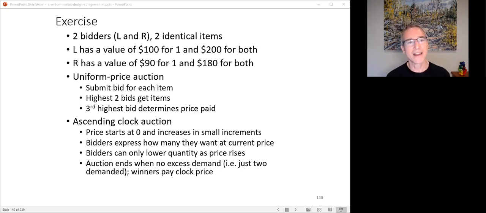R is the role that I'm playing, and as R, I've got a value of 90 and 90 in the uniform price auction. So let me say I'll bid, I'm not going to solve a lot of differential equations here. Let's say I do something like this.